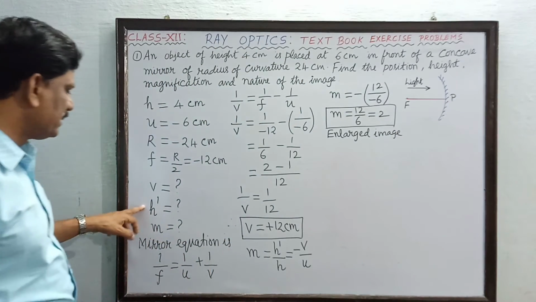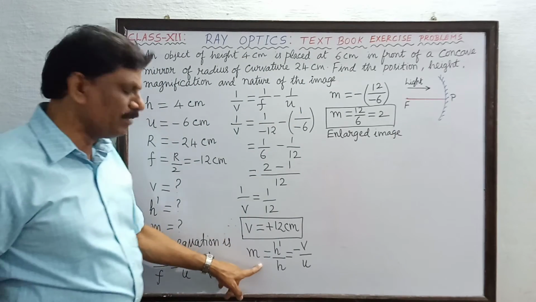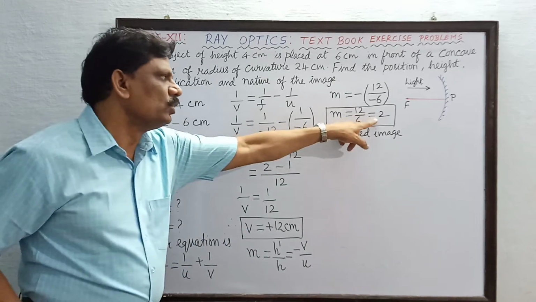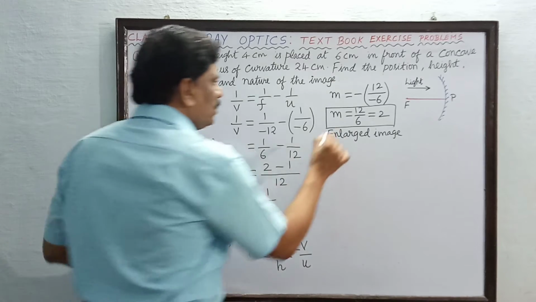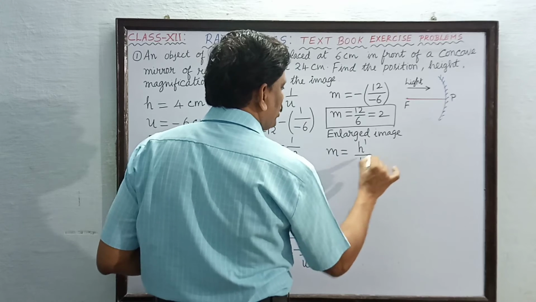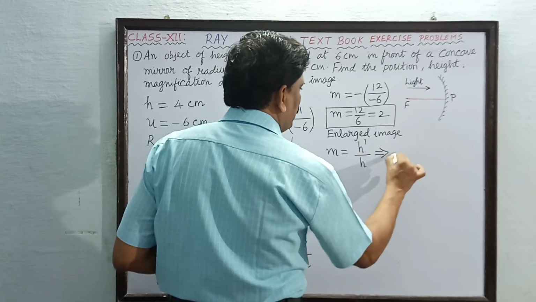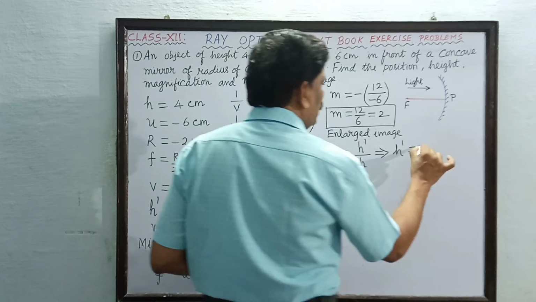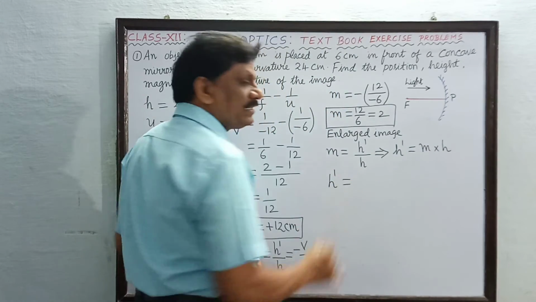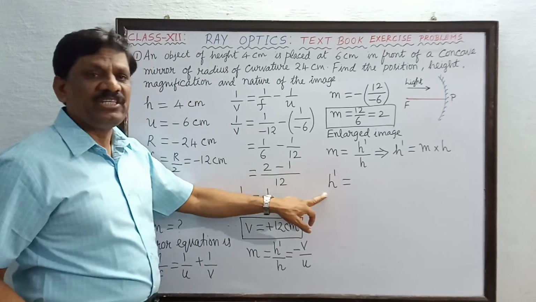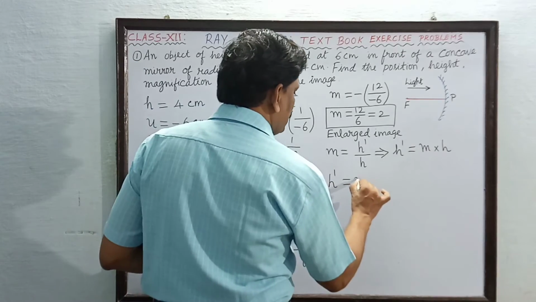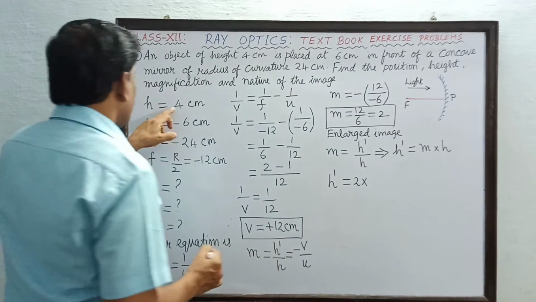Once again, h dash can be found from this same equation, is it not? Because h is given and m is 2, so h dash can be found. So once again, m is equal to h dash by h, and this implies h dash is equal to m into h. Therefore, what is the size or height of the image? h dash is equal to m, m is 2, so this is 2 into h.